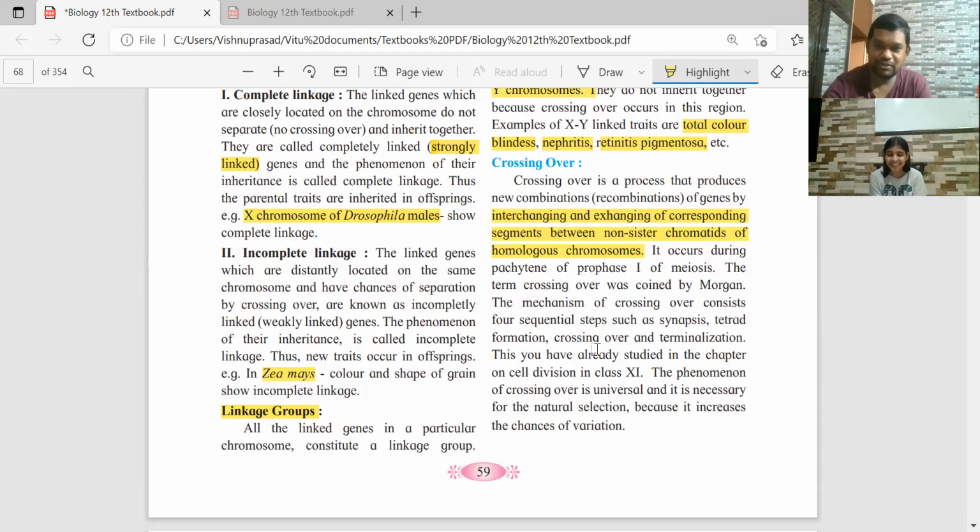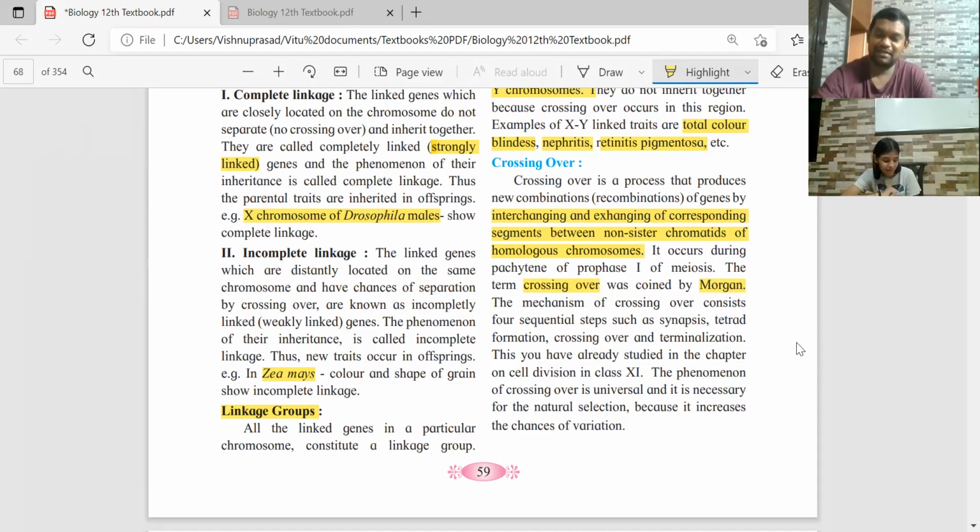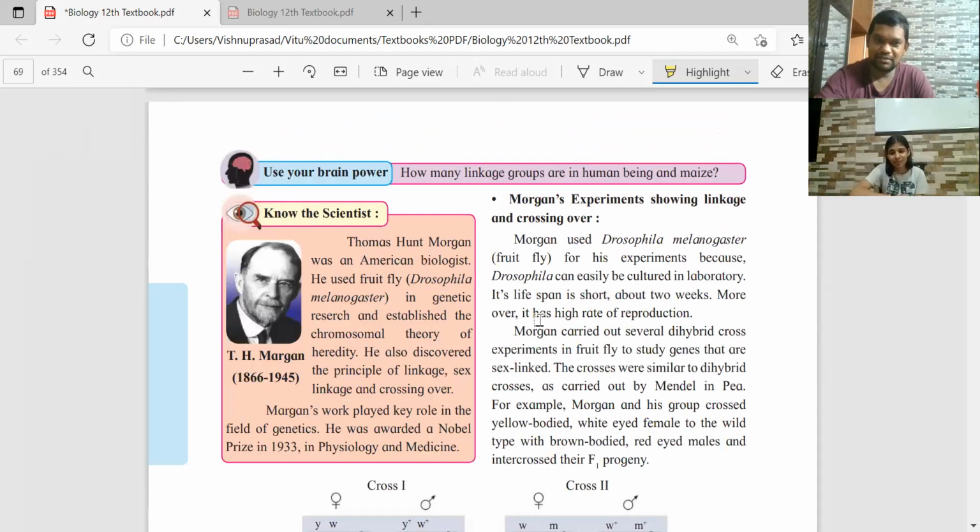So the term crossing over was used for the first time by Morgan. His full name was Thomas Hunt Morgan. He was an American biologist, and Morgan is very famous for his genetic experiments.